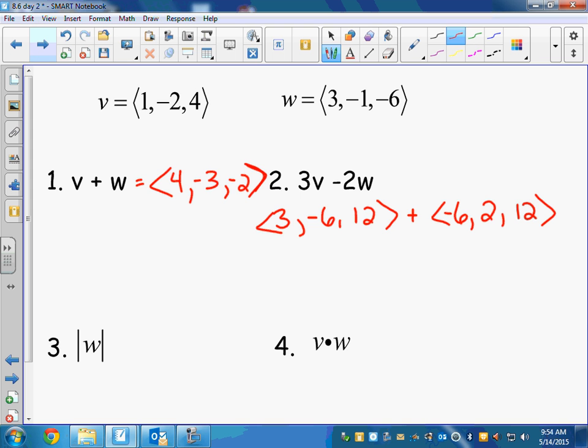And then I just add them. 3 plus negative 6 is negative 3. Negative 6 plus 2 is negative 4. And 12 plus 12 is not 22. So it's a negative, not a minus sign. It's the same thing, right? Wouldn't this be the same as if I left it a minus and wrote that as 6, negative 2, negative 12? You see what I'm saying?